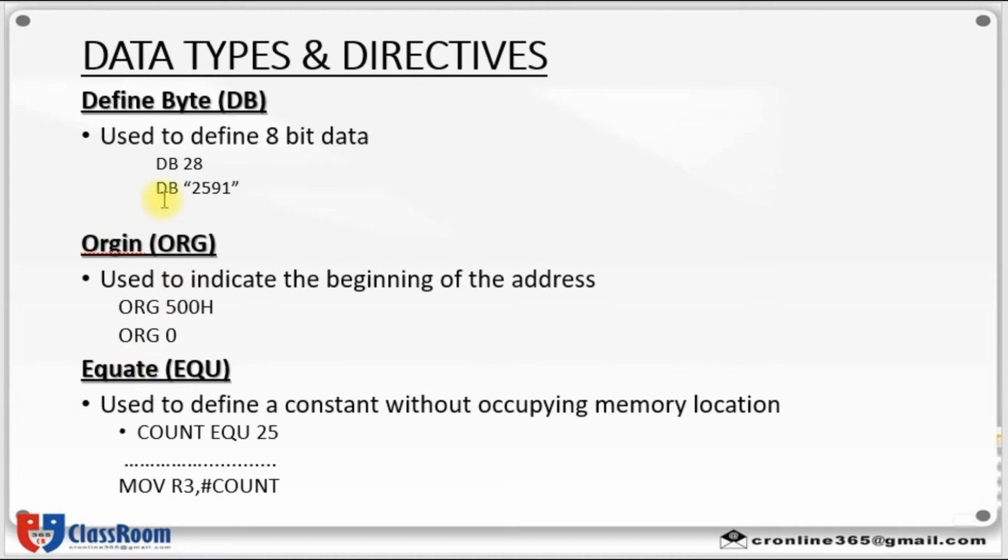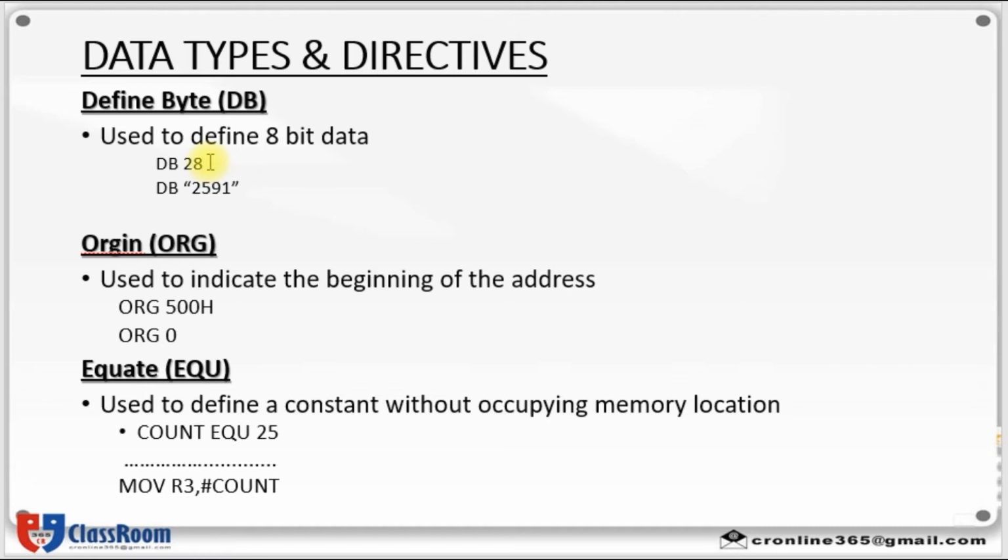For example, defined byte, quotation mark 2591. Or you can specify defined byte as a decimal number, as defined byte 28. If you are using a hexadecimal number, you can represent it using the syntax defined byte 28H.